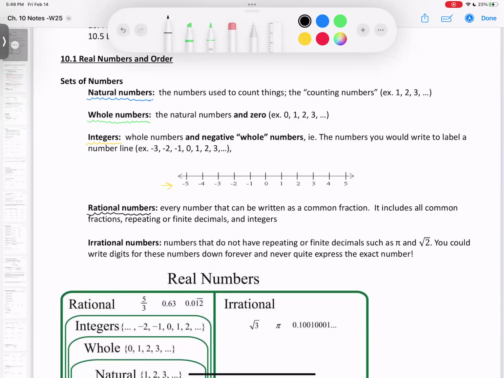Yeah, it can. -2/1 is a fraction. But if you think of a number like 1/2 or 0.5, that's also a rational number because it can be expressed as a fraction. So it's going to include all of the integers, but it's also going to include fractions and decimals that are repeating or finite.